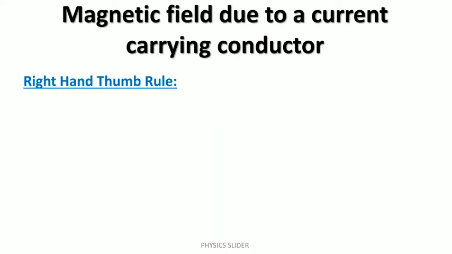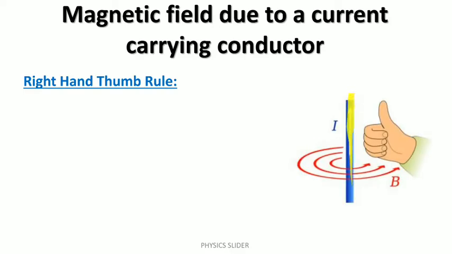Now watch here. How to define the direction of the magnetic field due to a current carrying conductor? With the help of right hand thumb rule. This is a conductor which is carrying a current I, and these are the magnetic field lines.